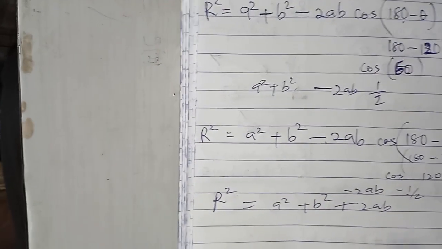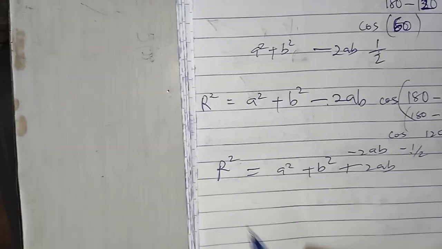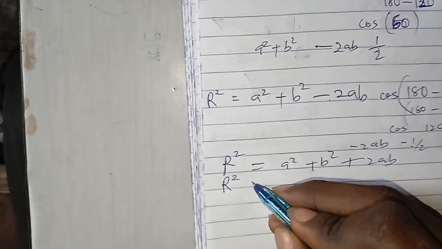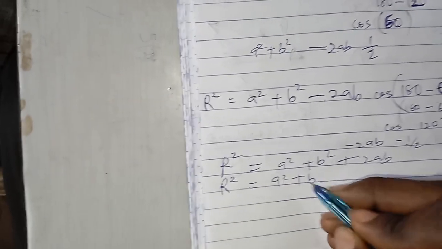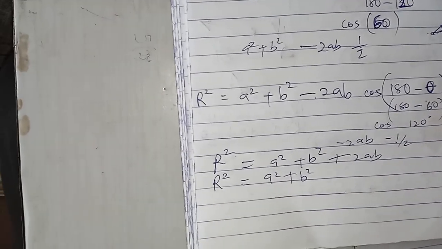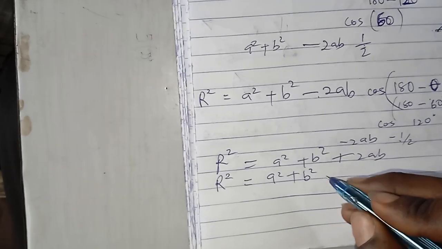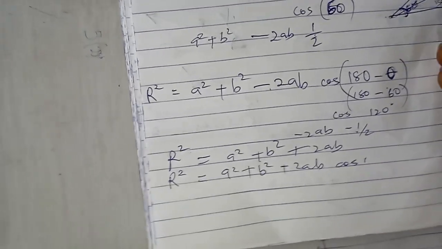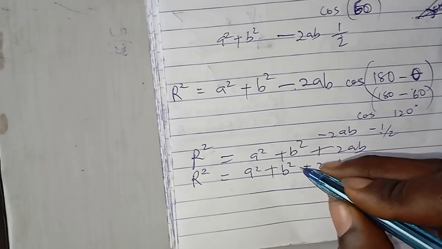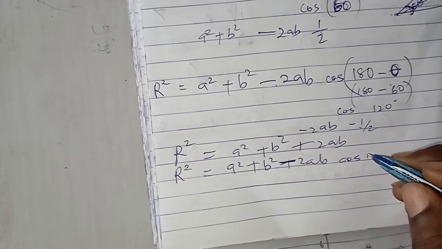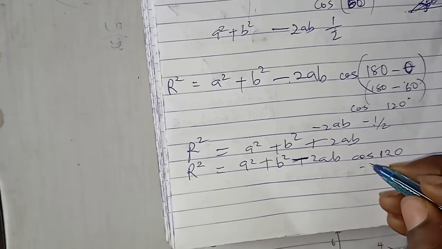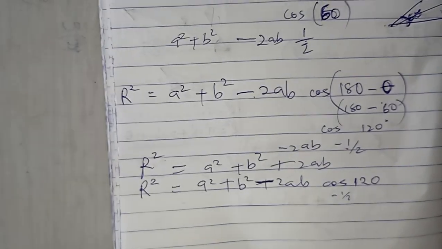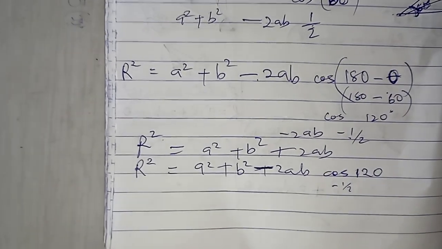If you used cosine rule, r square equals a square plus b square minus 2ab cos theta, and used the angle opposite the resultant, which is now 120, then minus half times this will give you the same thing. So cosine rule and the parallelogram rule are the same thing.